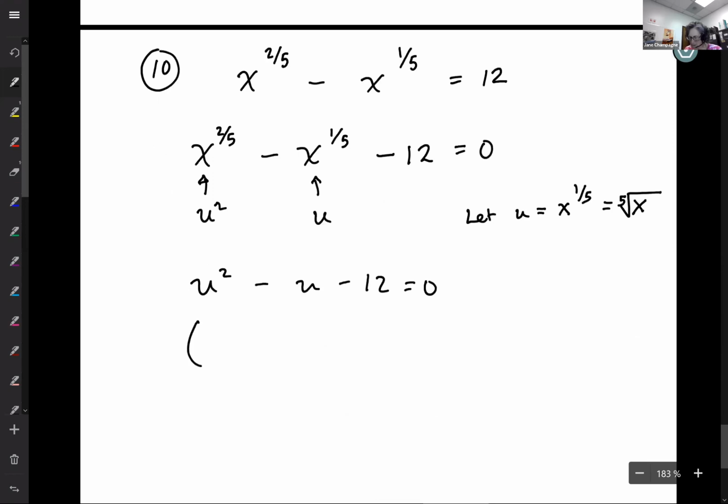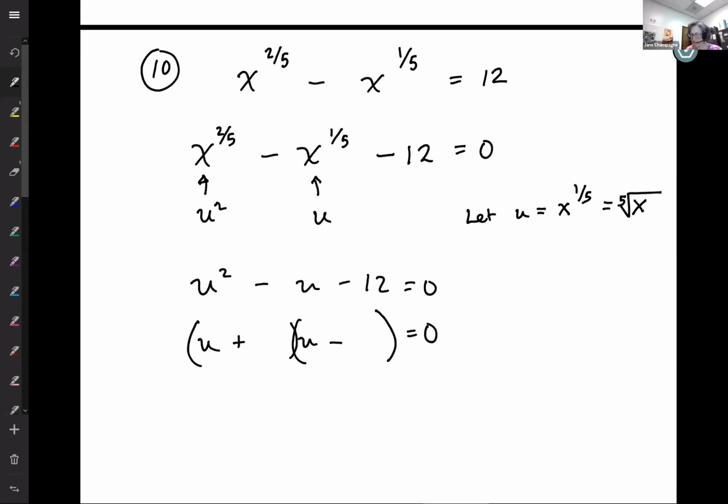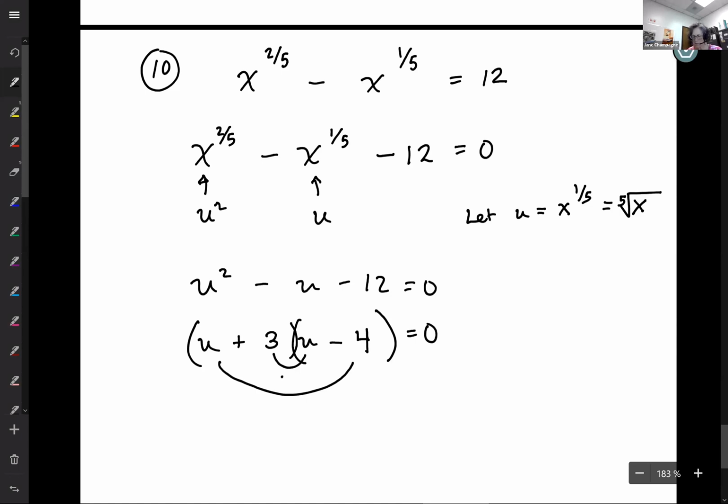So then this factors u and u. Signs have to be different to give you a negative 12. So 4 and 3 have a difference of 1. You let the bigger number be negative, right? So that you get a negative u when you combine.